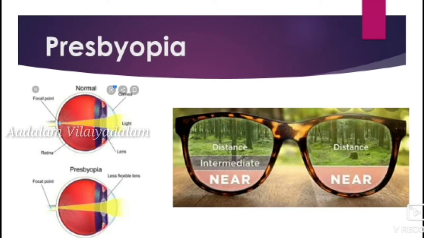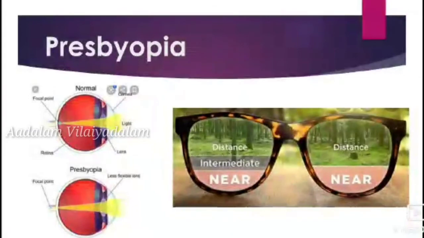But persons who have both defects can be corrected by wearing a bifocal lens. The upper part consists of a concave lens and the lower part consists of a convex lens. So a single lens which contains both concave and convex is known as a bifocal lens.